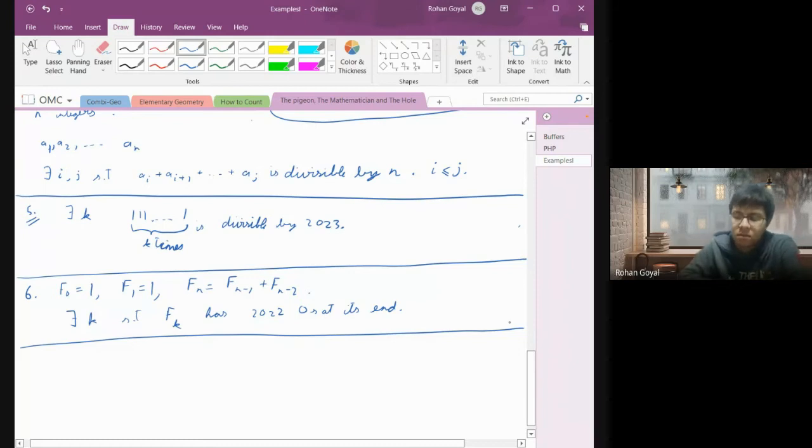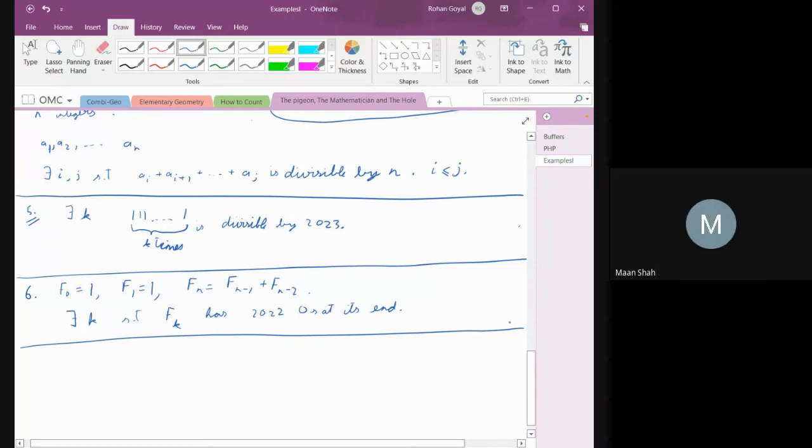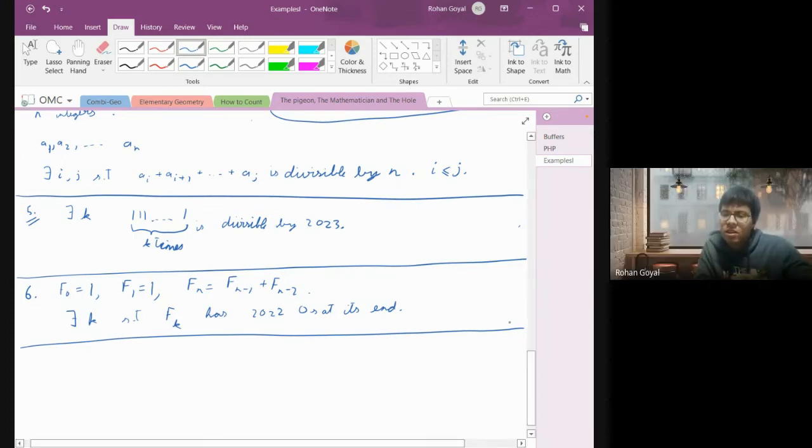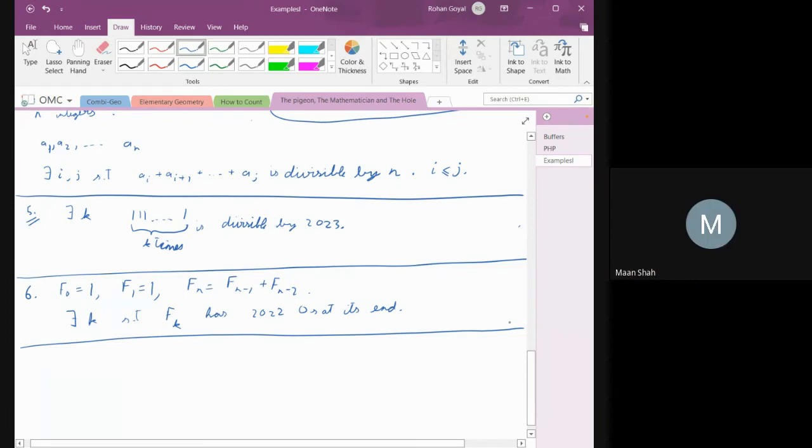So if we take mod n of all the numbers, there are n remainders, and the remainders can be from 0 to n minus 1. So if you divide all the numbers by n, then 1 and n minus 1, 2 and n minus 2, they will cancel out.